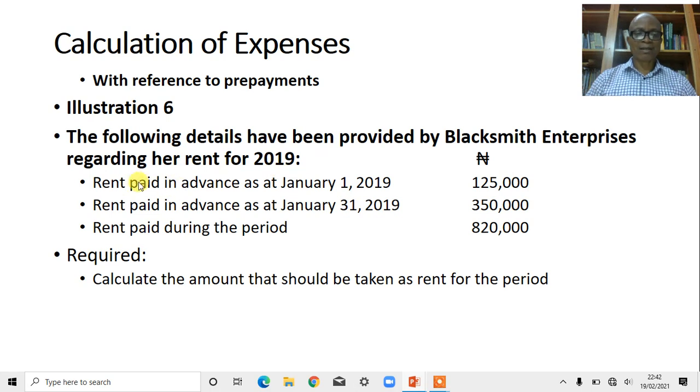Rent paid in advance at the beginning 125,000. Rent paid in advance at the end 350,000 naira. Rent paid during the year 820,000. Calculate the amount that should be taken as rent for the period.